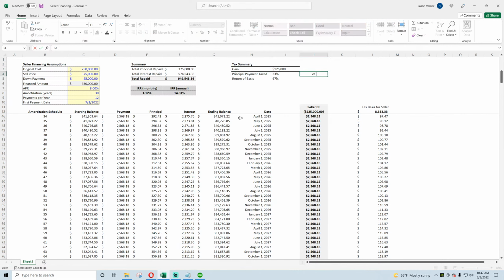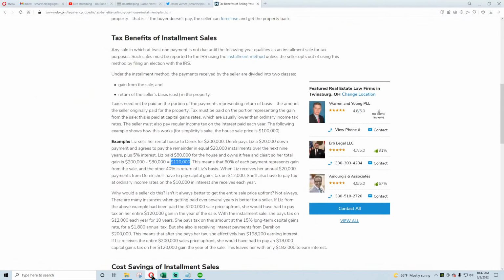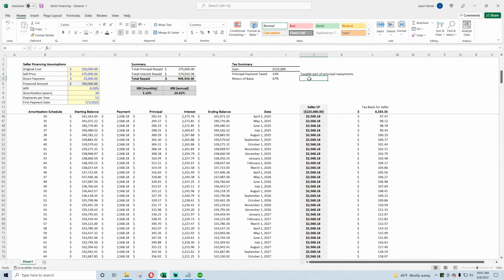So this of all taxable based on taxable part of principal repayments. And then what do they call the other part? Return of basis? Return of basis part of principal.